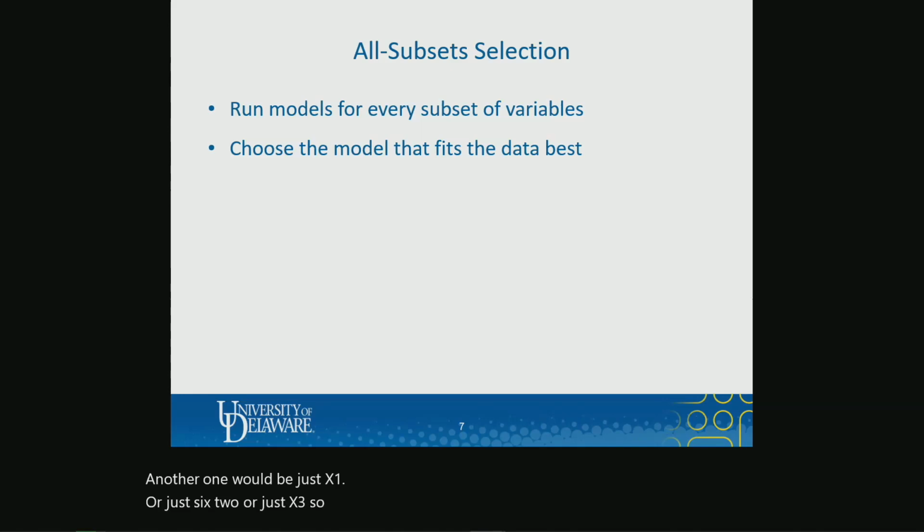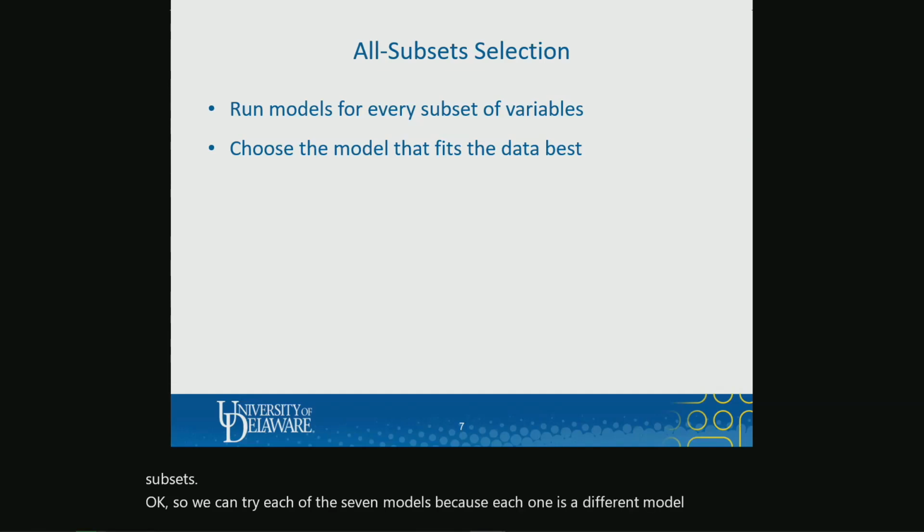So we can have 1, 2, 3, 4, 7 possibilities. There are 7 possible subsets of these 3 independent variables. Okay, so we can try each of the 7 models because each one is a different model.